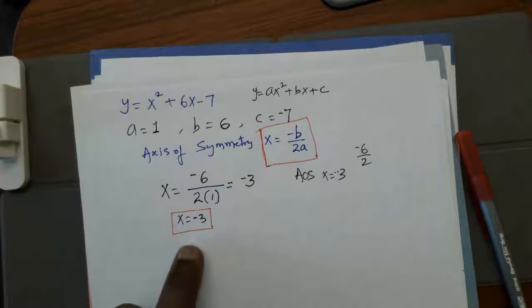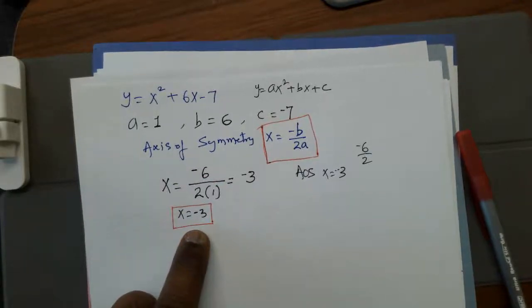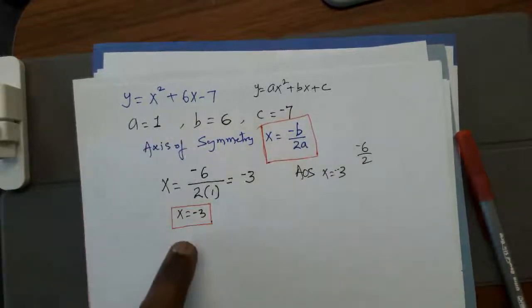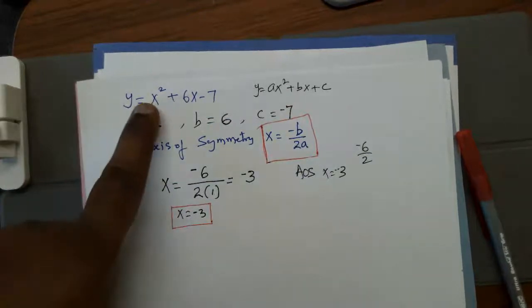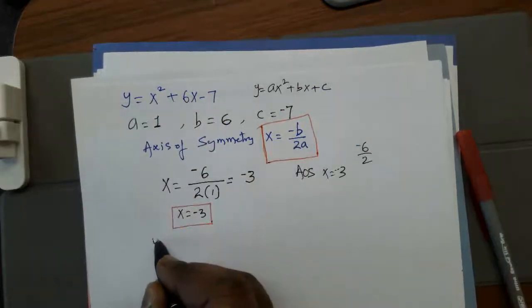Now, what I'm going to do is, I'll substitute this value of x in the given equation. I'll substitute x is equal to negative 3 in the given equation, so that we'll get the value of y, and that y is going to be your maximum or minimum value. Okay, so let us do it.